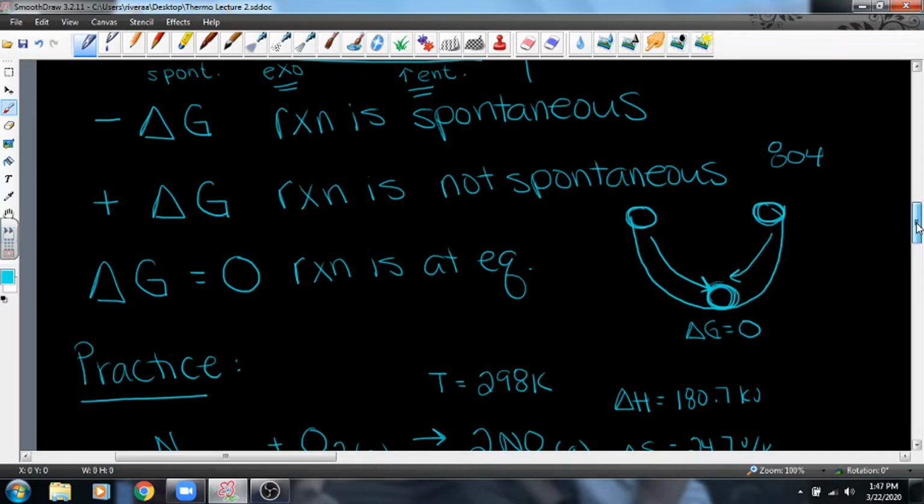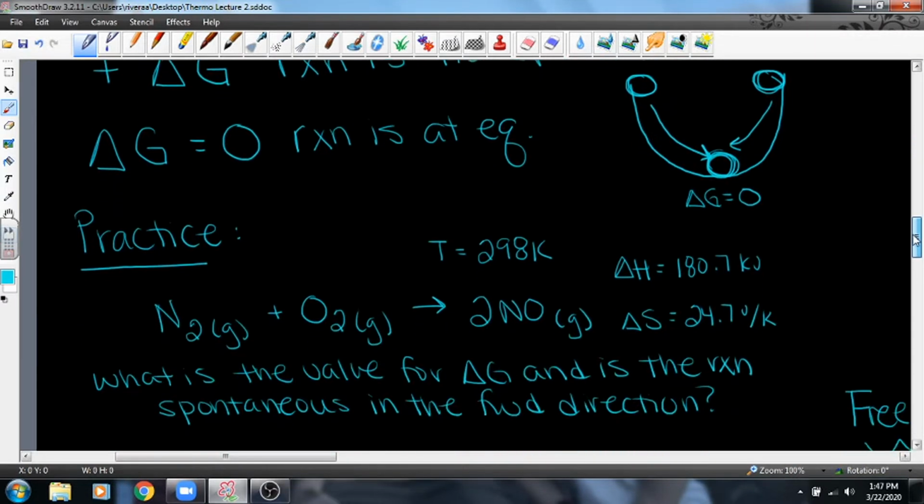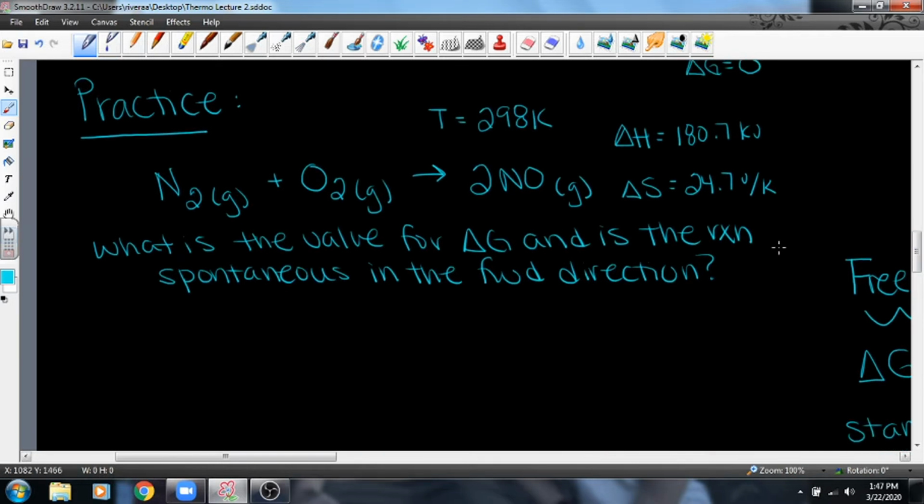Okay. So let's practice actually quantitatively. Here we were talking qualitatively about what it means for a reaction to be spontaneous. Let's actually calculate quantitatively whether or not a reaction is going to be spontaneous based on a known enthalpy and a known entropy. So here we go. We have this reaction of nitrogen reacting with oxygen to produce nitrogen monoxide.